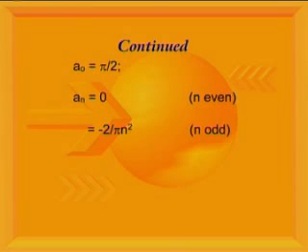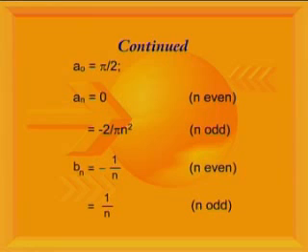So we have a naught is equal to pi by 2, an is equal to 0 for n is even, and an is equal to minus 2 over pi n square when n is odd, and bn is equal to minus 1 over n when n is even, and is equal to 1 over n when n is odd.